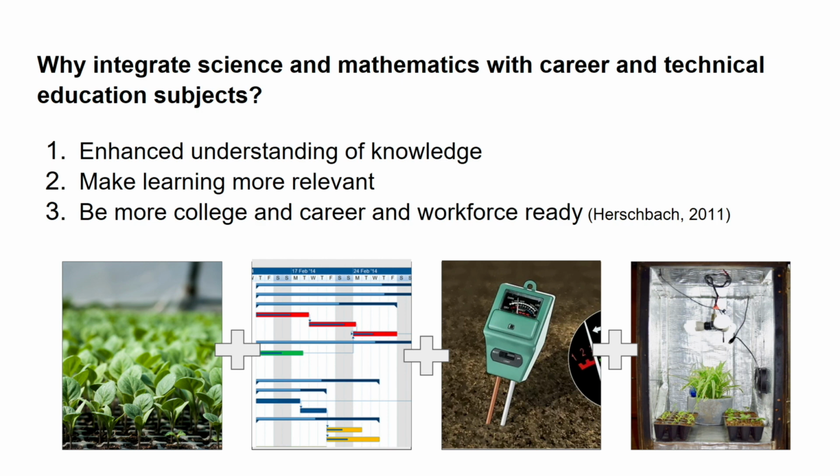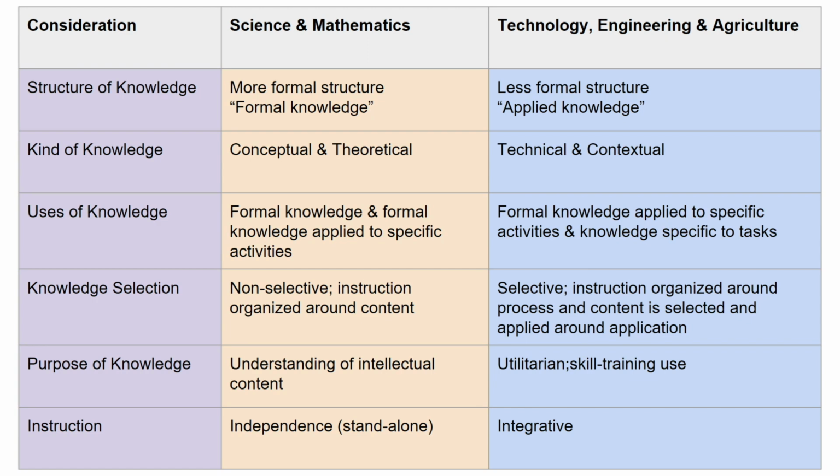So here are some of the reasons why you should integrate STEM and mathematics with a career technology subject. In this table, we provide an overview of how science and math, which have been considered traditional core content knowledge, compare versus career and technical knowledge.